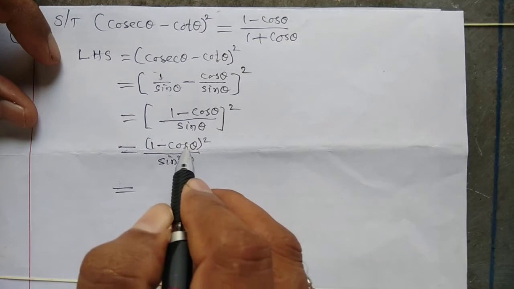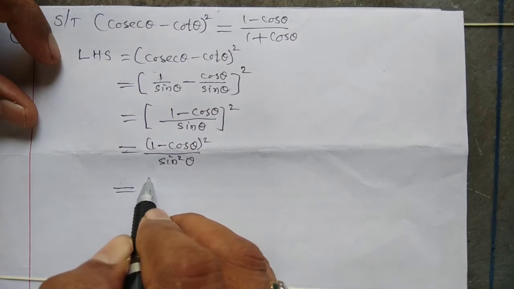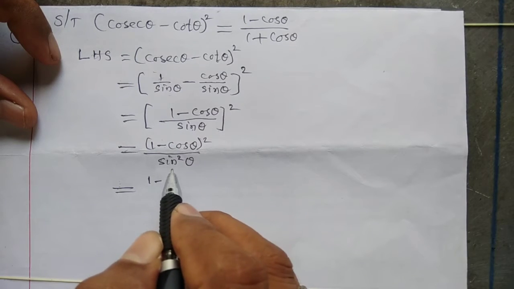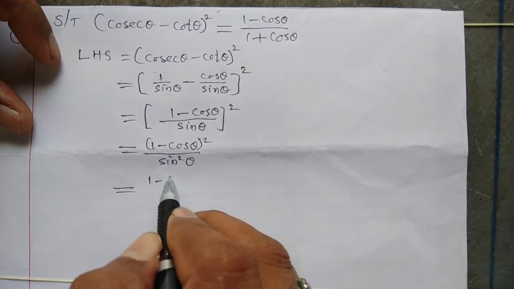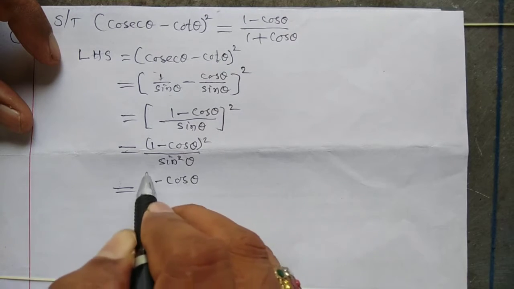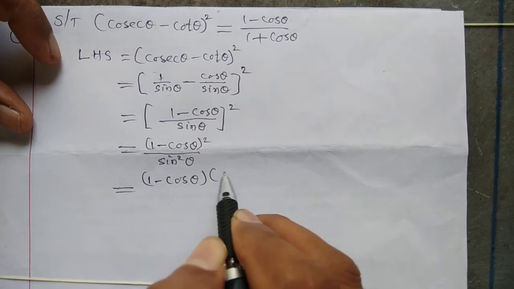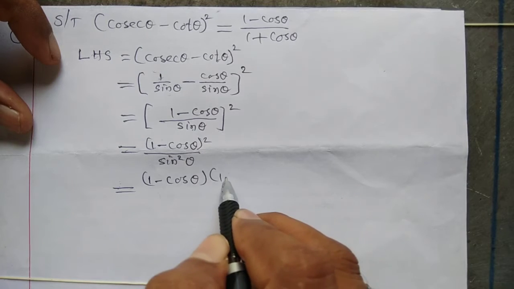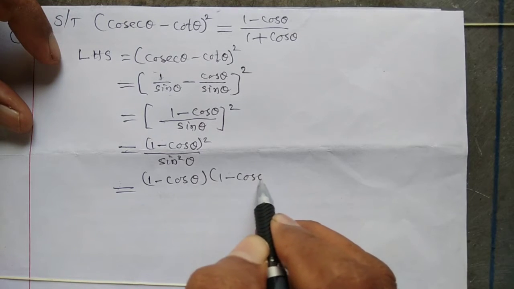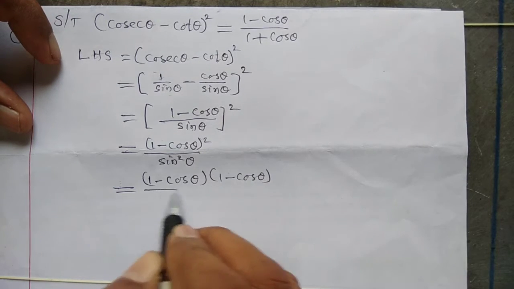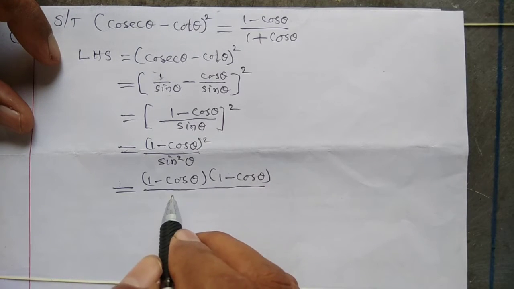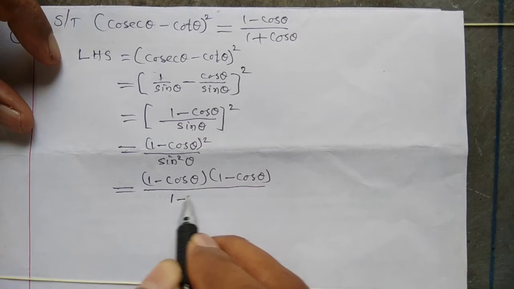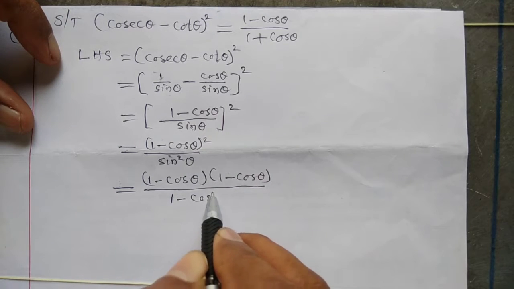We can write (1 minus cos theta) whole square as (1 minus cos theta) into (1 minus cos theta), by sin square theta, which is equal to 1 minus cos square theta in the denominator.